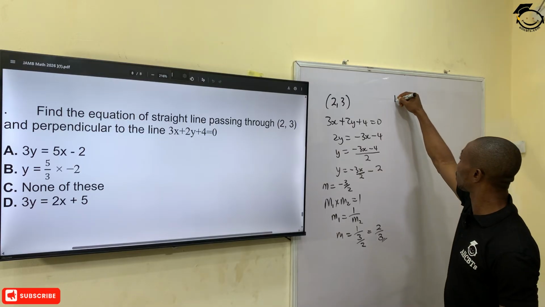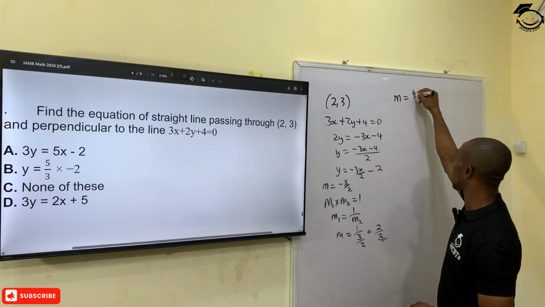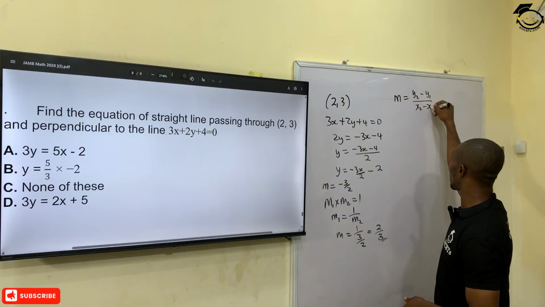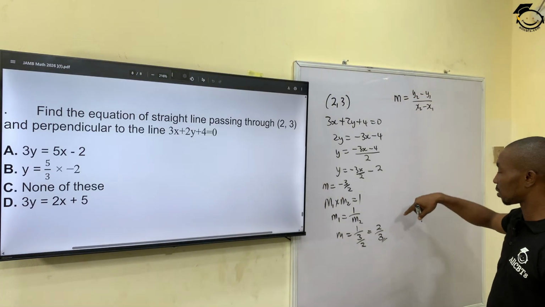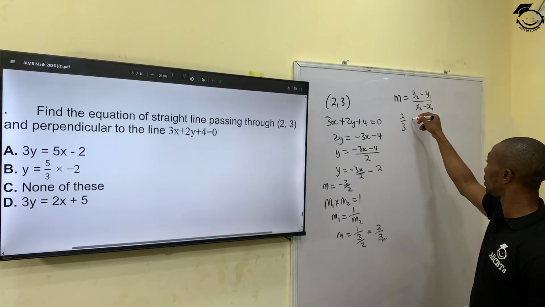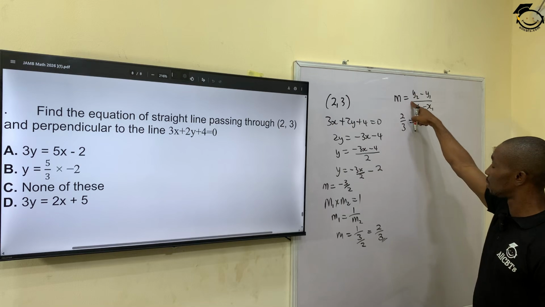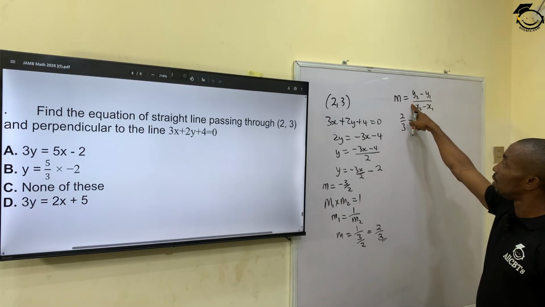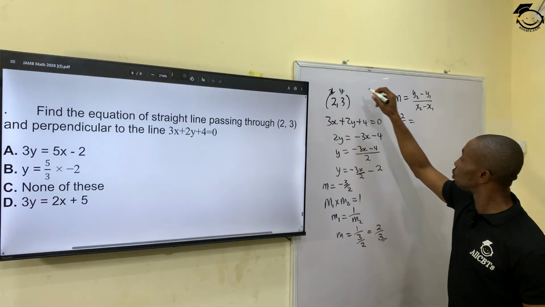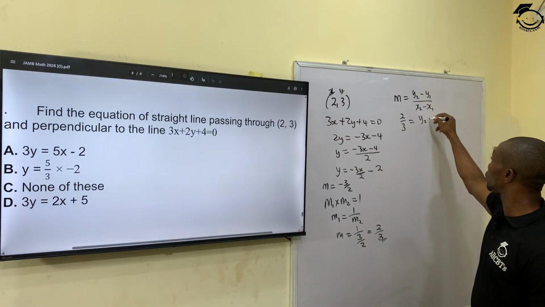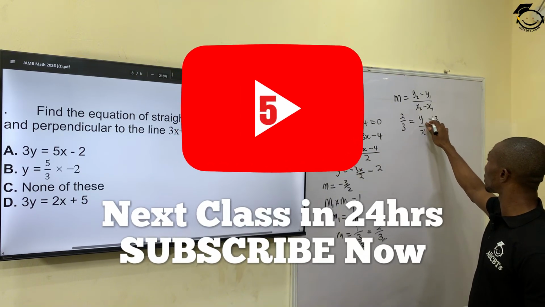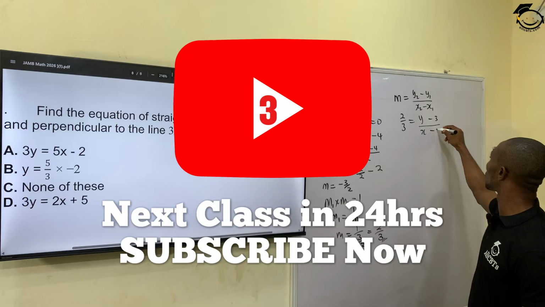So from here, we know that for a gradient, m equals y2 minus y1 all over x2 minus x1. Now, our gradient from here will be 2 over 3 equals, from here we have our x and y, so this becomes y minus 3 all over x minus 2.